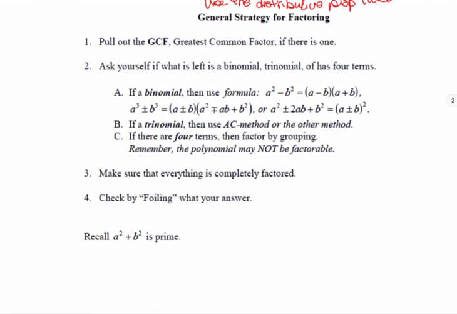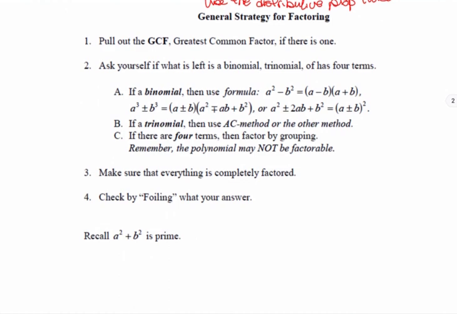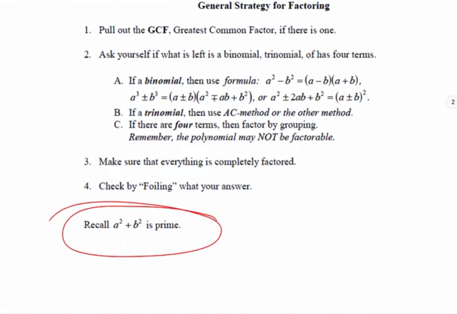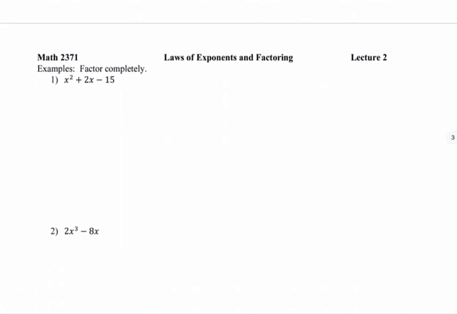Now, here is a general strategy for how to factor, and this is how we're going to work every single one of these questions. You need to remember that a squared plus b squared is prime. All right, let's get to the first example.